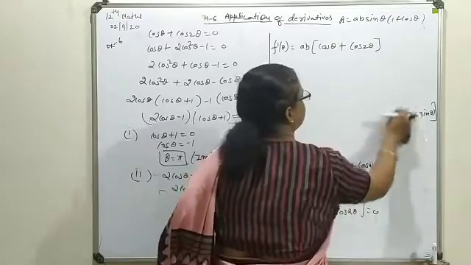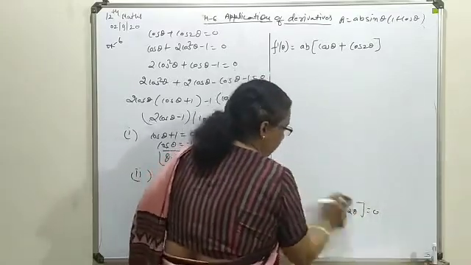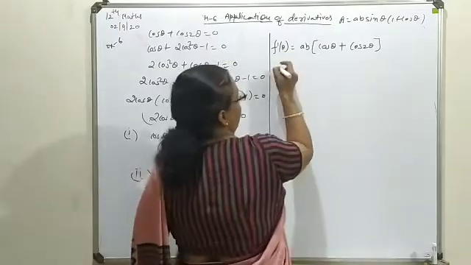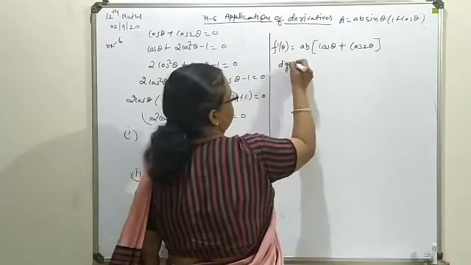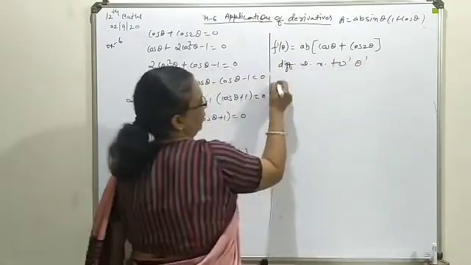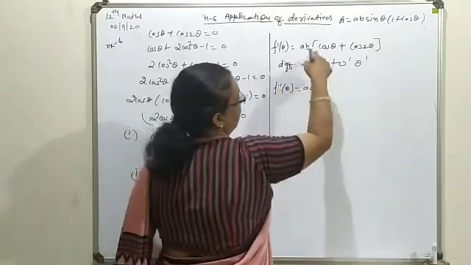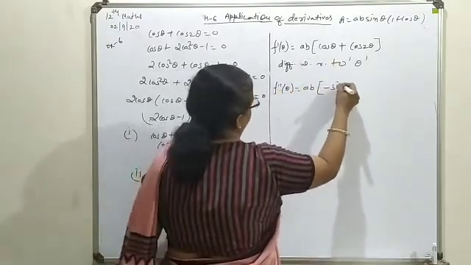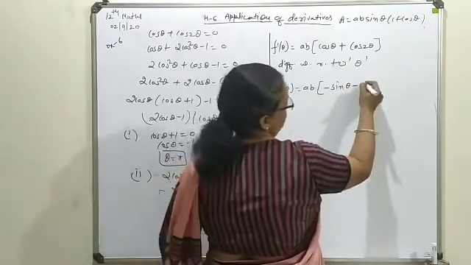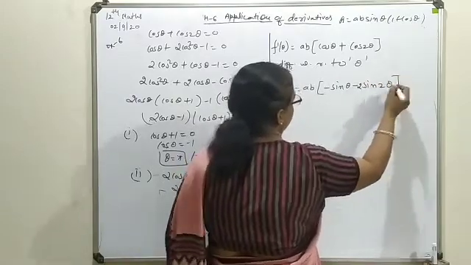At theta is equal to pi by 3. Now further differentiate. F double dash theta, that is AB. Cos theta differentiation means minus sin theta. Here this will give you minus sin of 2 theta into 2.